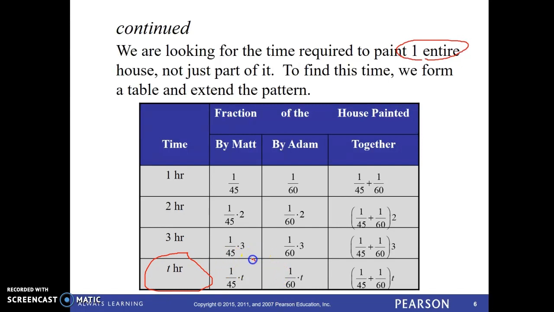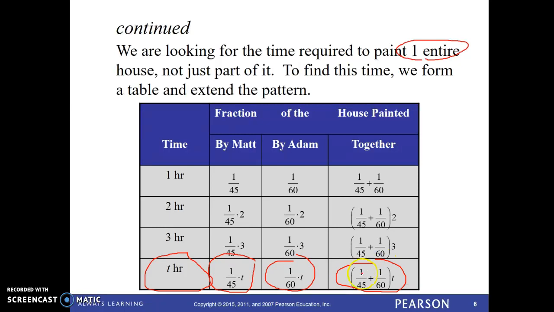If we look at this in general, since we don't know the time, Matt's contribution to the job would be his fractional part of an hour times t, 1/45th times t, and Adam's would be 1/60th t. So if we write that as one expression, then we get this as the expression.